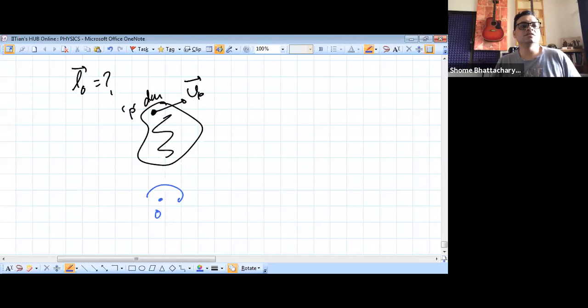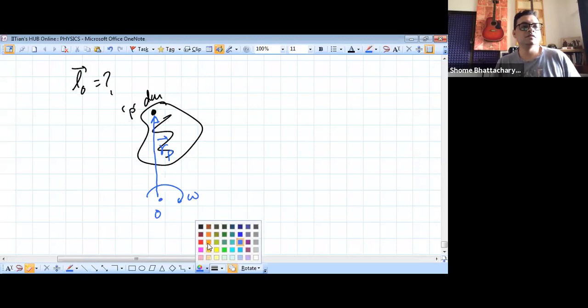So about this, there is that omega. So the relationship between these is this. In fact, it should be perpendicular. So this velocity vector is a little bit different. So I draw it now like this.